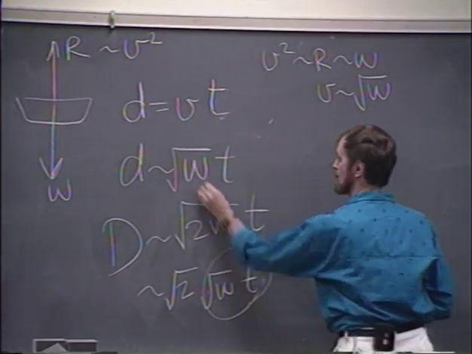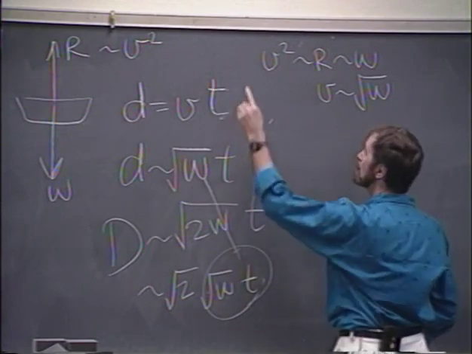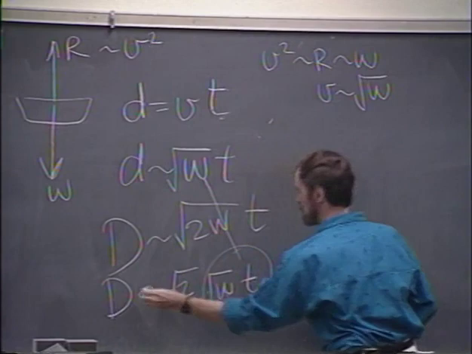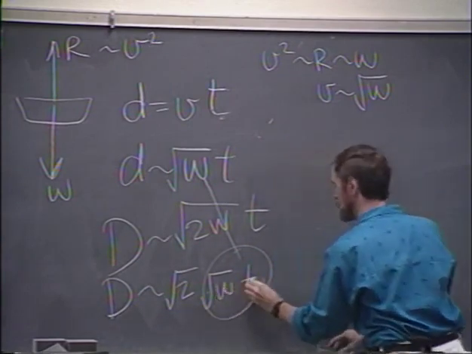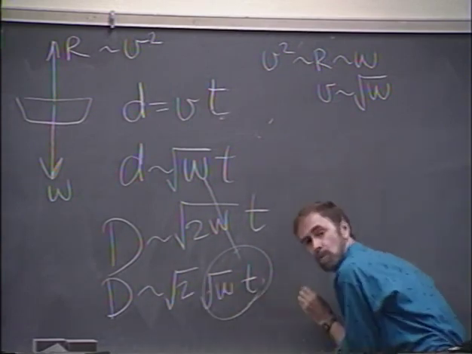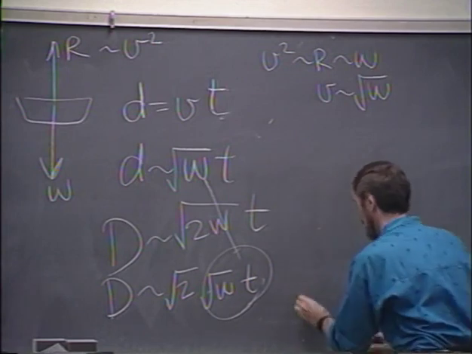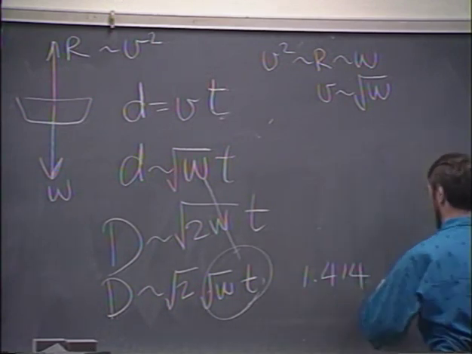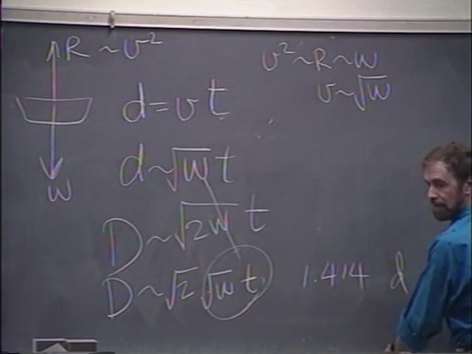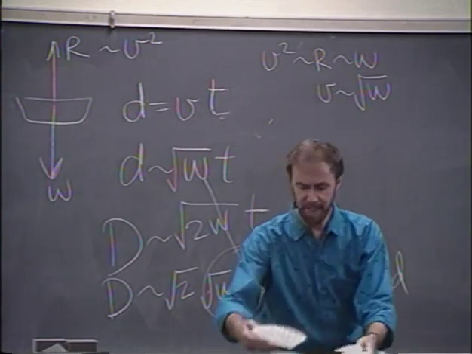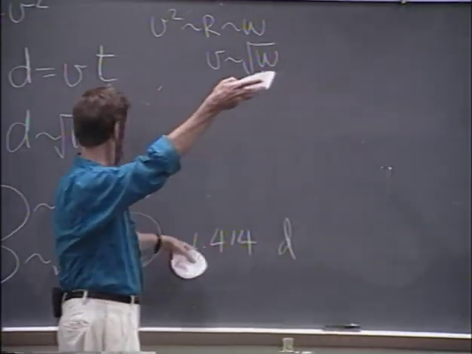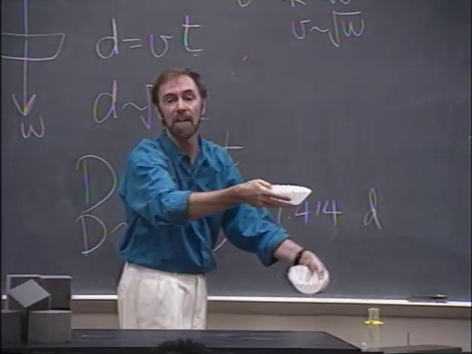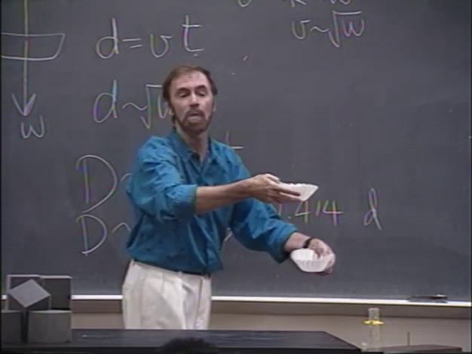So if the resistance is proportional to speed squared, then the distance one falls is going to be the square root of 2 times the little distance. Do you know what the square root of 2 is, anyone? It turns out to be 1.414. If that's true, if I hold this thing up 1.4 times higher than this, they should hit the ground at the same time. Shall we try it?